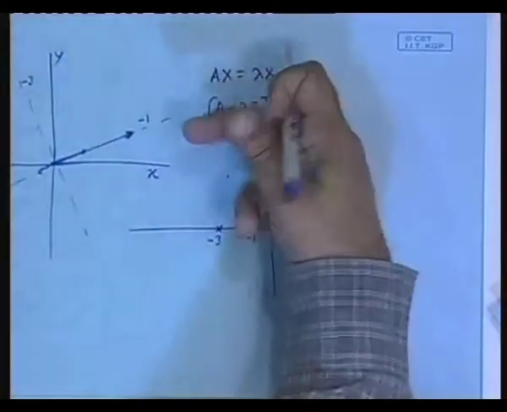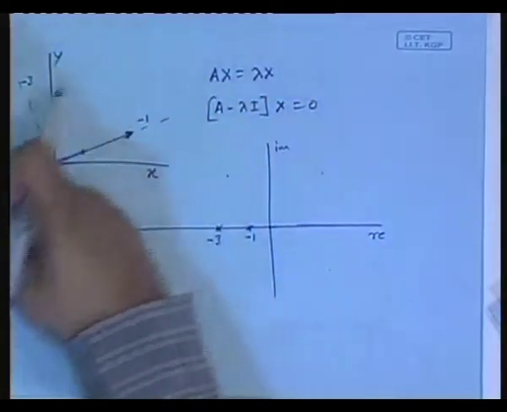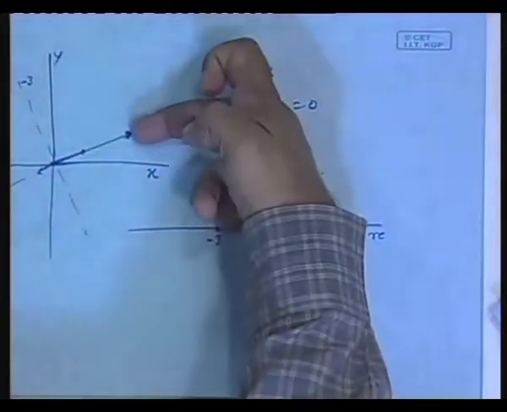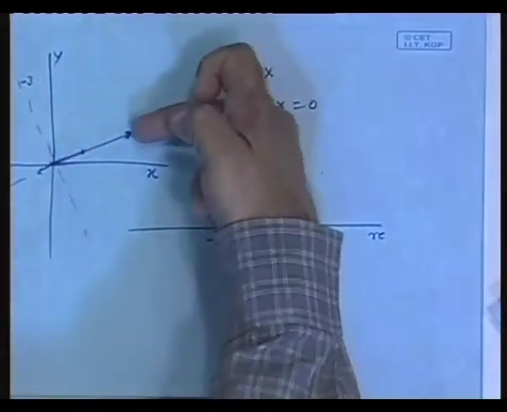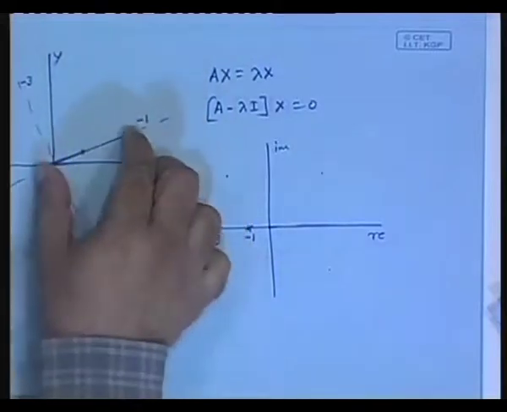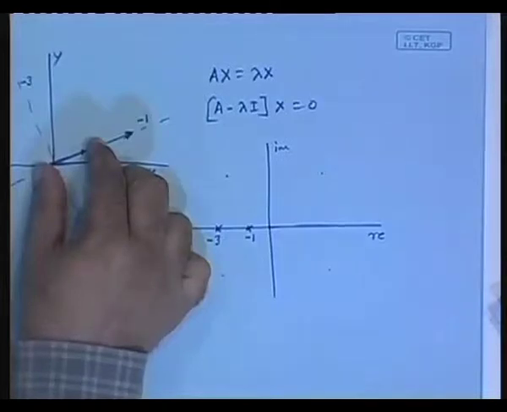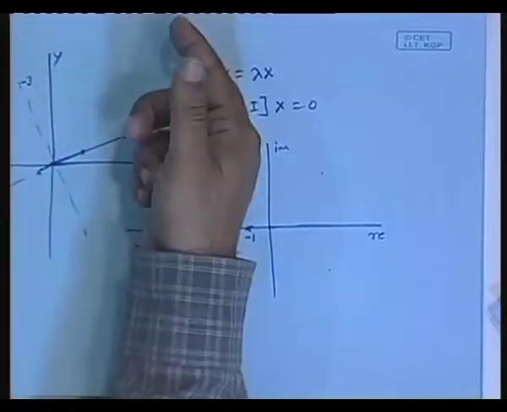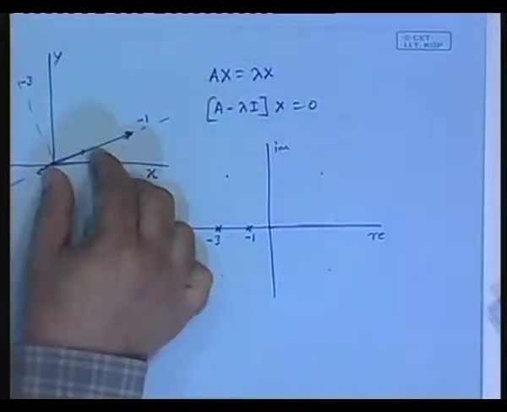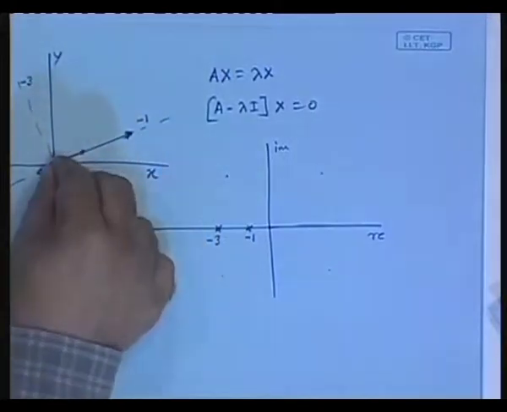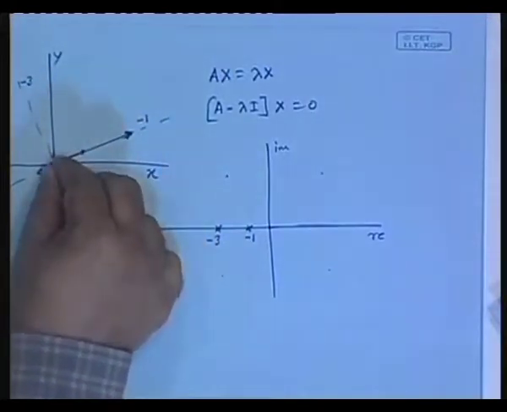So it will always remain along this eigenvector and it will decay; its distance from the equilibrium point will die down, and the closer it comes, the slower the rate of dying down, because x times -1 is the rate. When it becomes very close, the rate also becomes very slow.